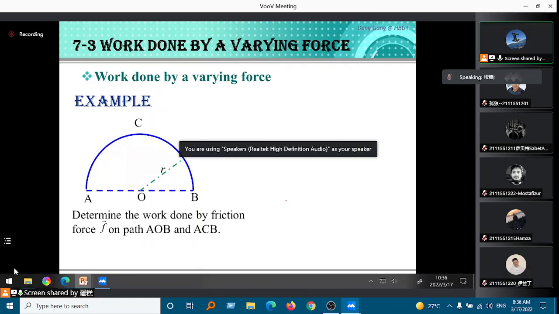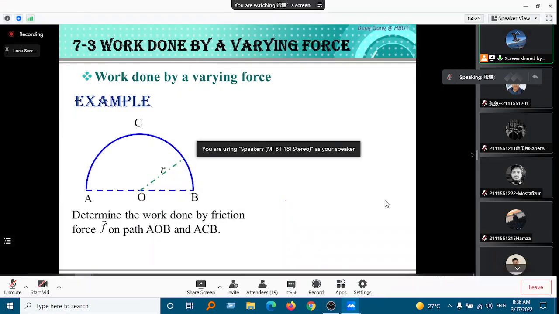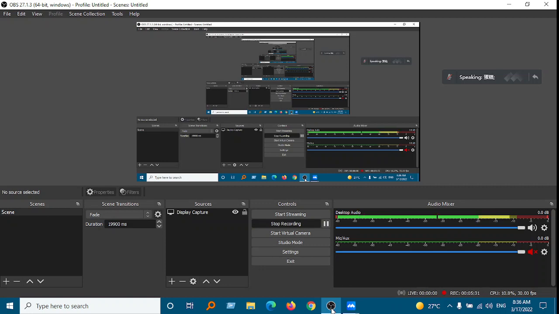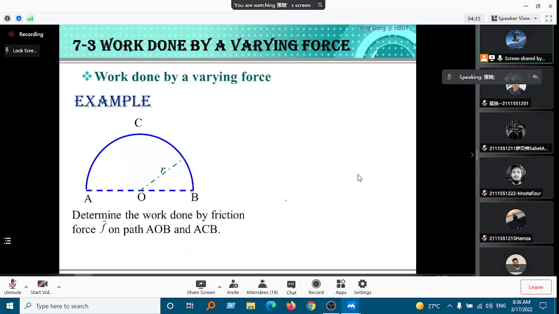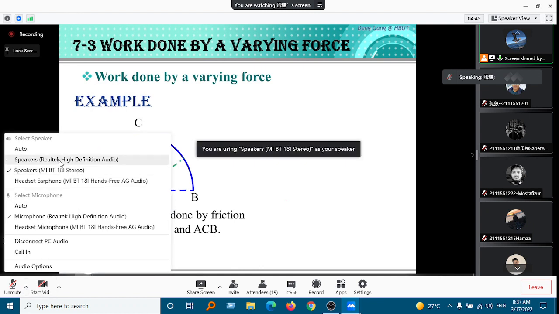So let's try to calculate both of them, and we will compare the results and see if they are the same or not. Maybe AOB is much easier, because if it is moving along AOB, the force F is actually a constant force, with magnitude F and direction B to A.